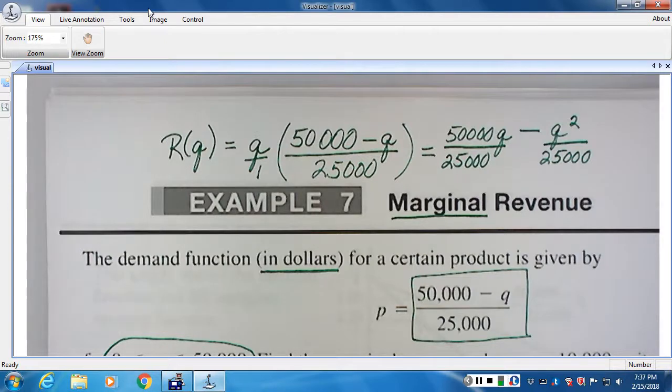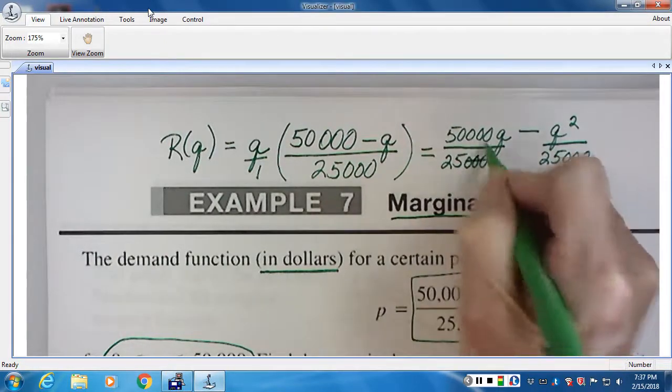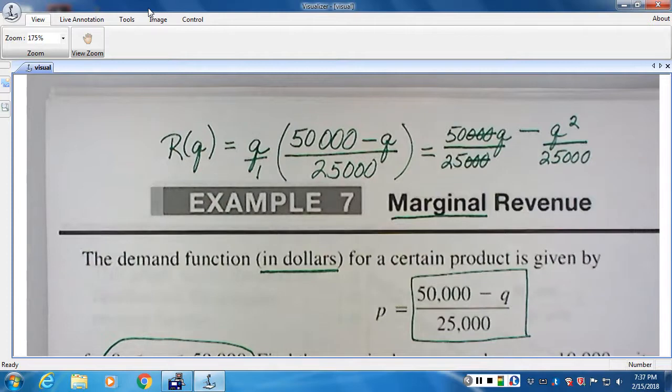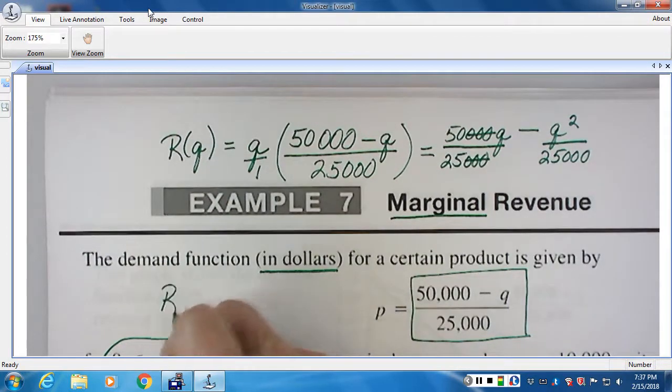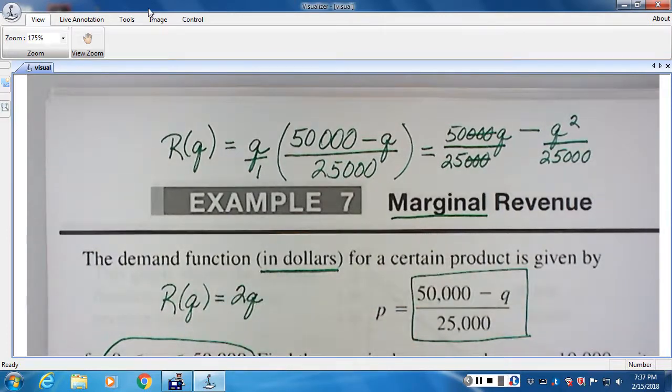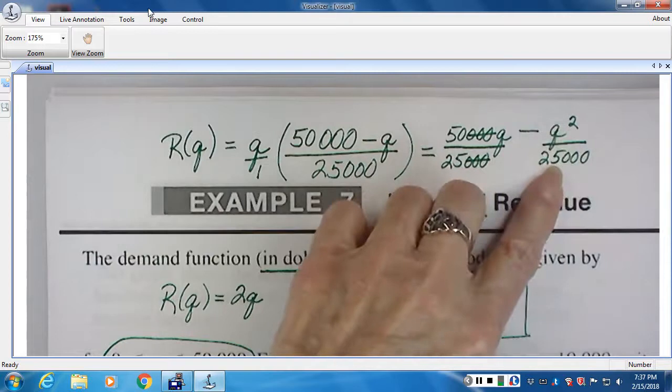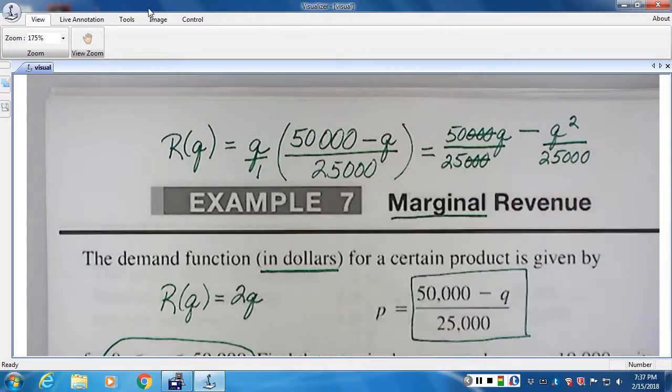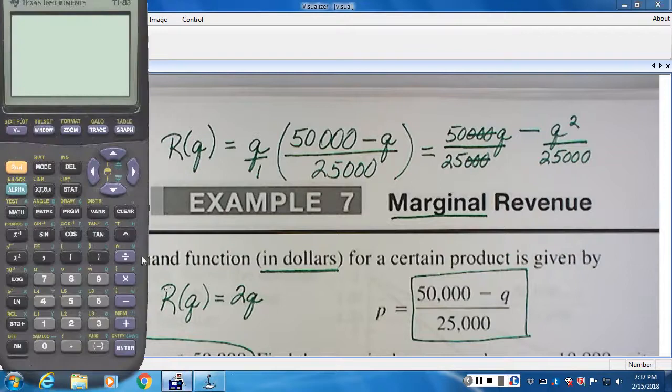So 50,000 over 25,000 is the same as 50 over 25, which is the same as 2. So that's 2Q. And Q squared over 25,000 is the same thing as Q squared times 1 over 25,000.